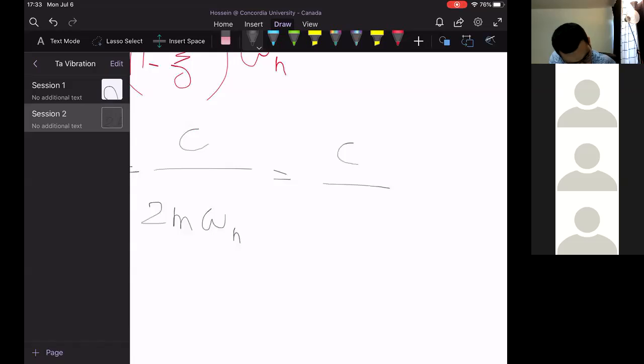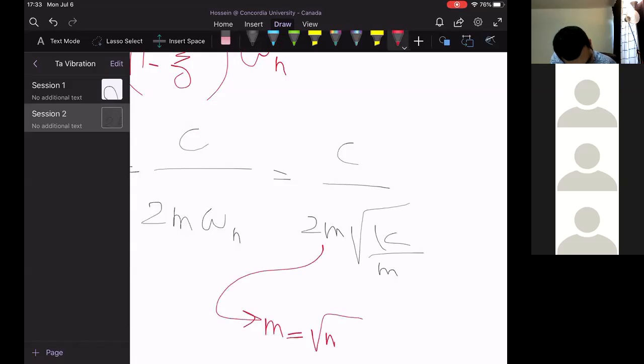Omega n can be written as square root of k over m, right? And this m can be written as radical m multiplied by radical m, right?